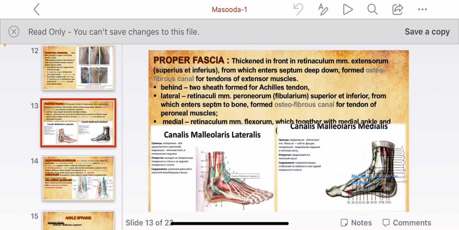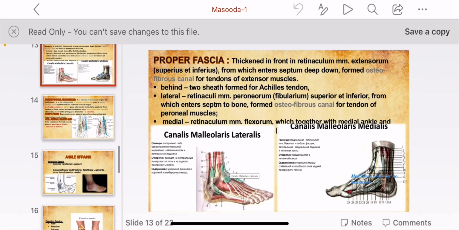Laterally, there is the retinaculum musculorum peroneorum or fibularium, superior et inferior, from which septa enter to bone, forming an osteofibrous canal for tendons of peroneal muscles. Medially, we can see retinaculum musculorum flexorum, which together with the medial malleolus forms the malleolar canal.